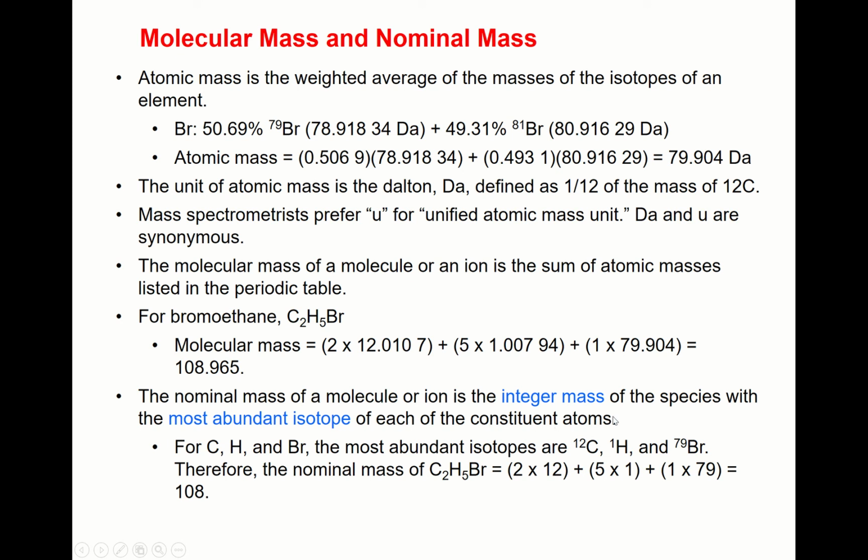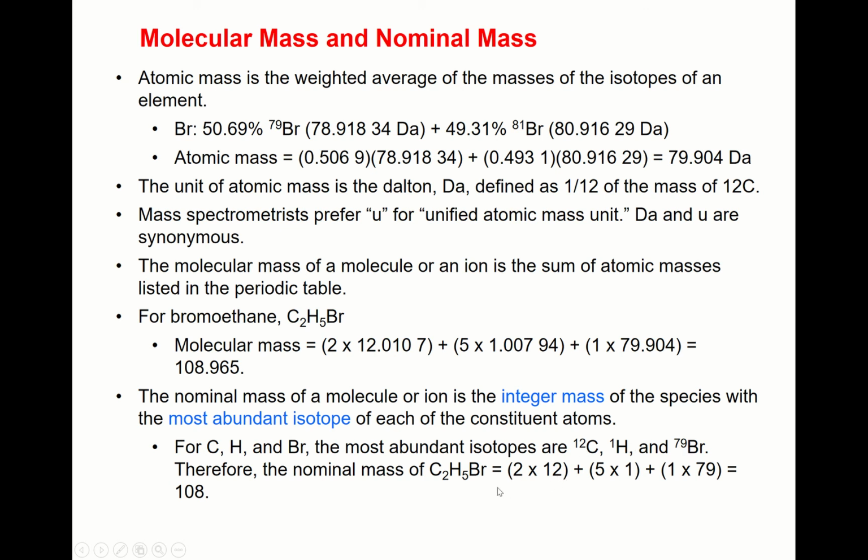So if each atom has only the isotopes C12, H1, and bromine 79, you simply add the integer numbers.